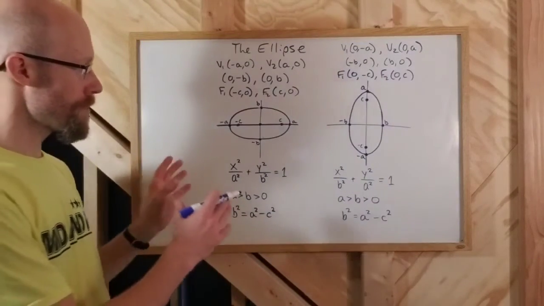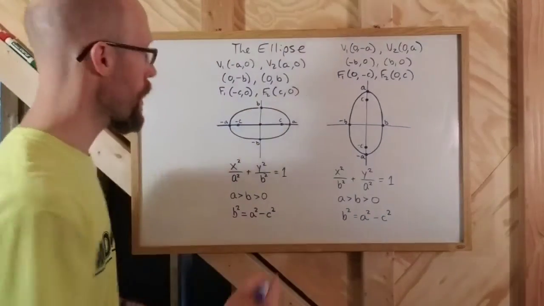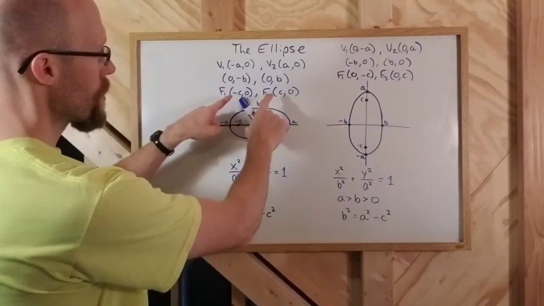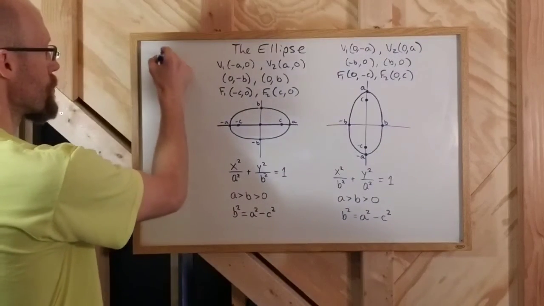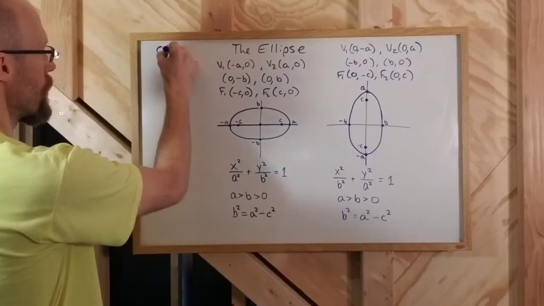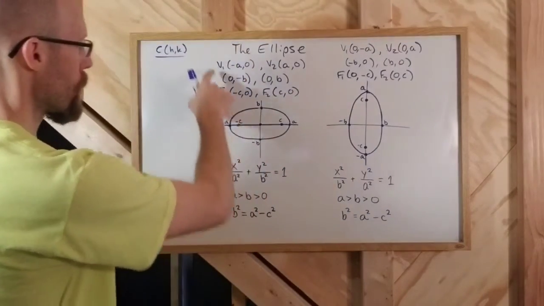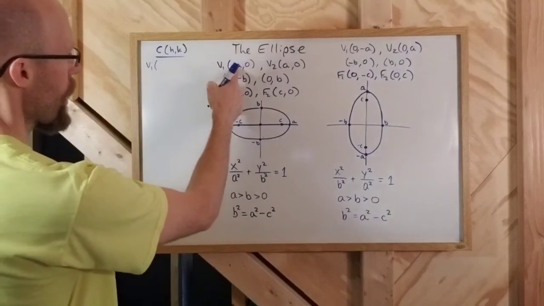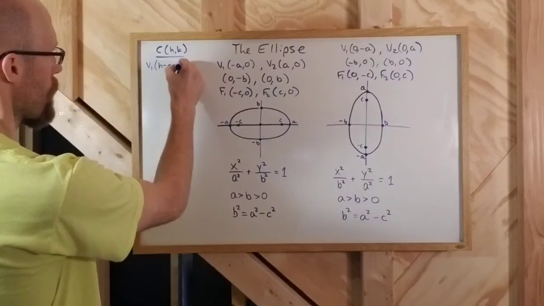Now, as soon as I shift the ellipse off of the origin as its central location, we have to add h and k to each of the corresponding coordinates. All right, so if the center is at h, k, then all of these points change. Vertex 1 becomes, well, I got to add h and add k. So it'd be h minus a, k.